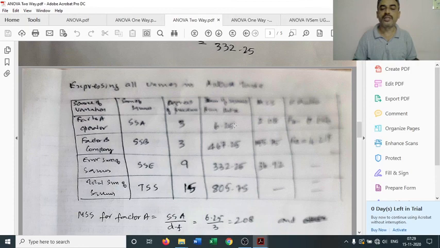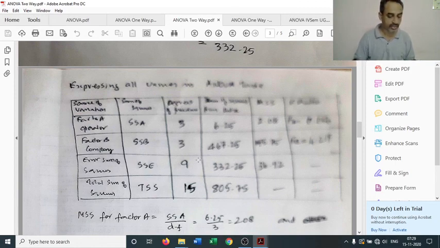Likewise the sum of squares values are computed from the data. We write 6.25 and 67.25 for SSA and SSB, and the sum of squares due to error is obtained by subtracting SSA and SSB from the total sum of squares. We get it as 332.25. So that's about the various sums of squares from the data.